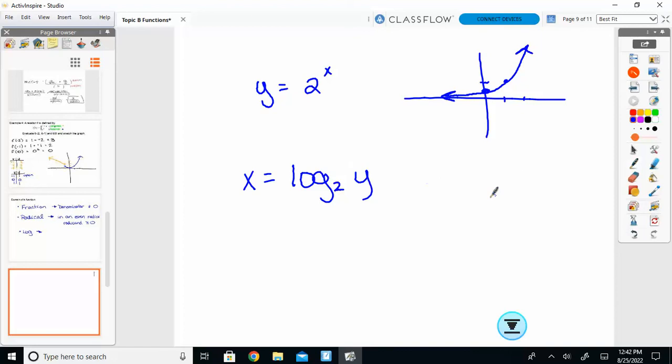So because it's the inverse of the exponential, what happens is the points on the graph just get flipped. So this is the point 0, 1, so it goes to 1, 0. This is the point 1, 2, so it goes to 2, 1. This was negative 1, 1/2, so it goes to 1/2, negative 1. And that's what the graph of the log looks like. So what's the domain of this?